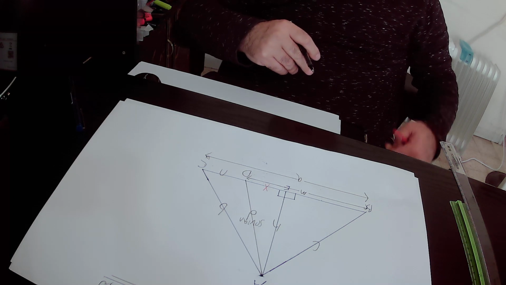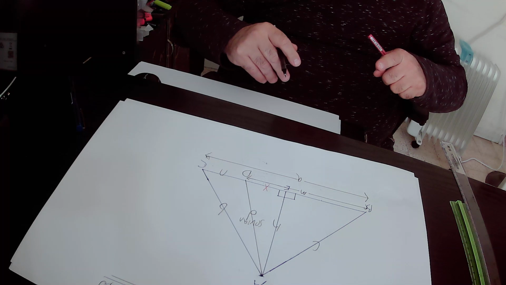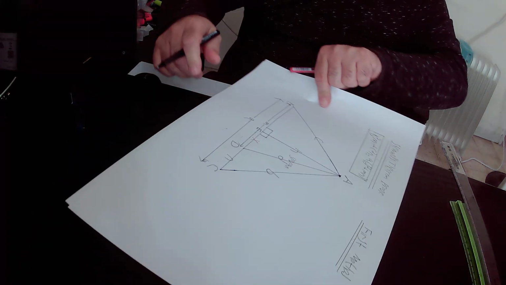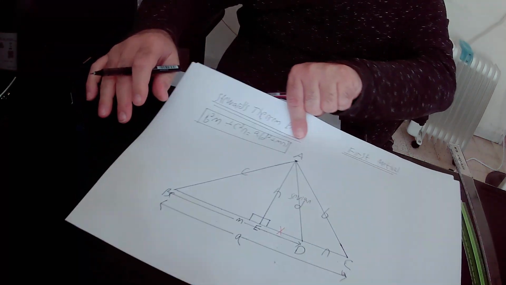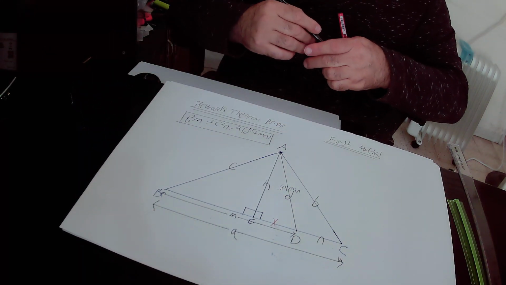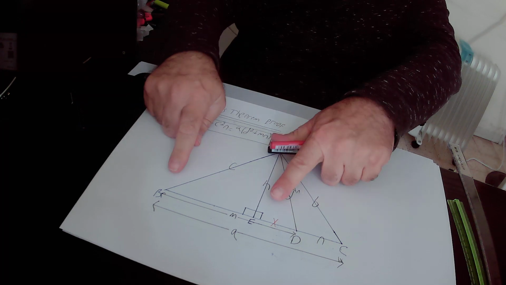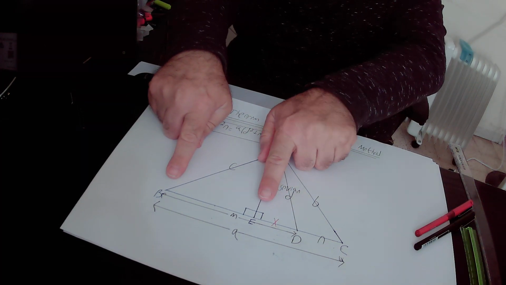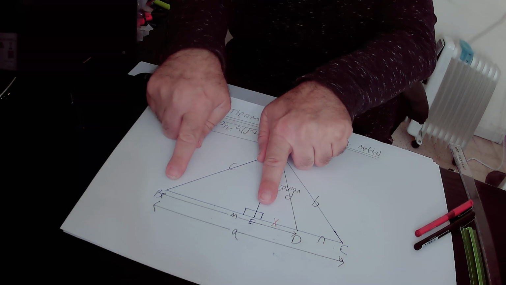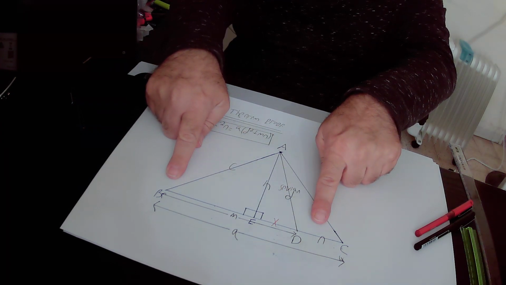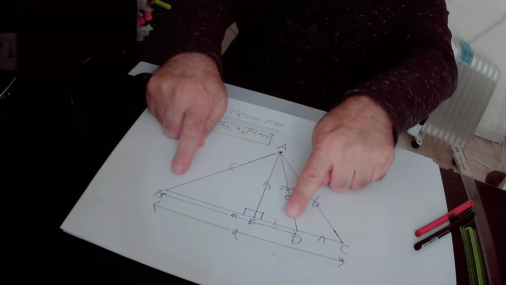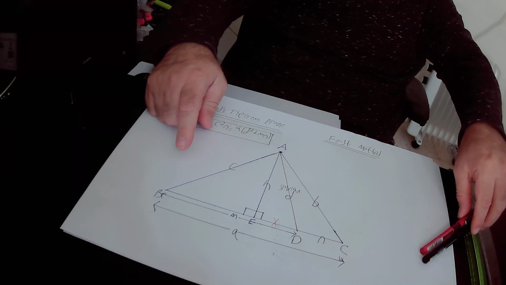And from the drawing, we can see that the length of line segment BE equals BD minus ED. I'll write it down.